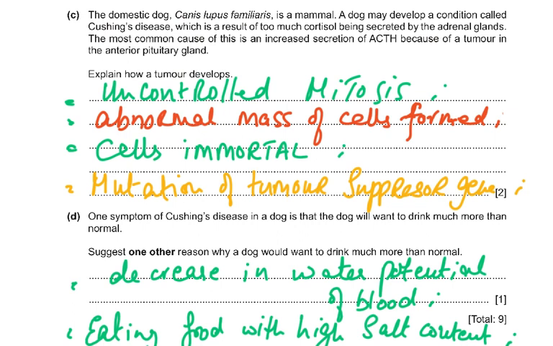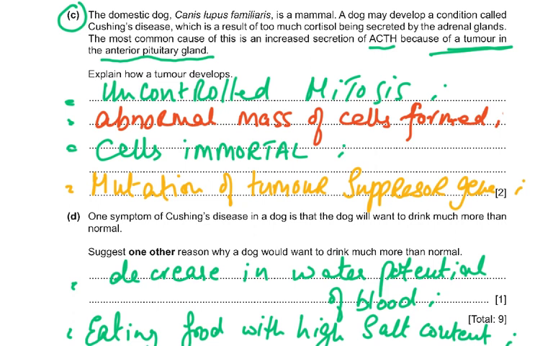And the C part of the question: the domestic dog is a mammal. A dog may develop a condition called Cushing's disease, which is a result of too much cortisol being secreted by the adrenal glands. The most common cause of this is an increased secretion of ACTH because of a tumor in the anterior pituitary gland. The direct question: explain how a tumor develops.